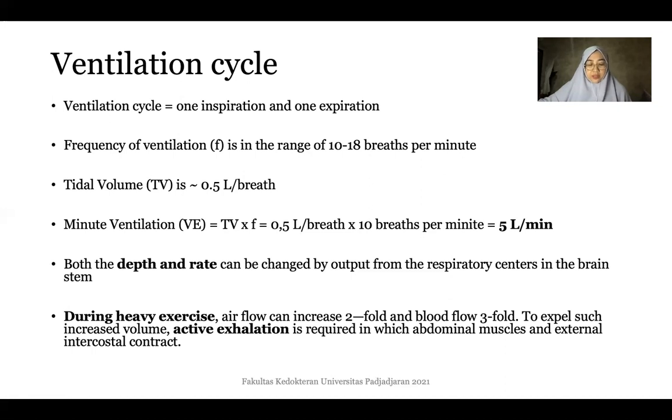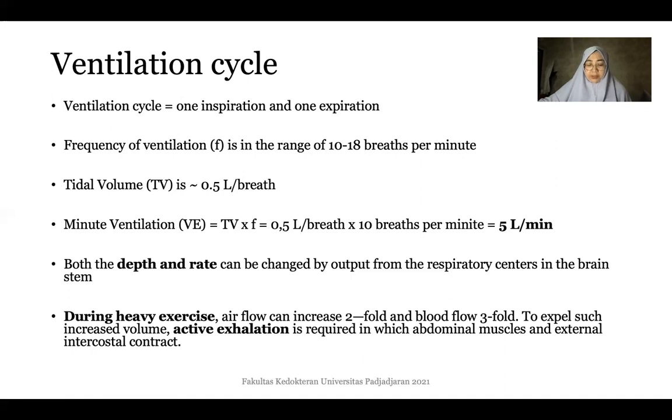So using the tidal volume and multiplying it by the frequency of the breathing, we can determine something we call the minute ventilation. This means how much air you are bringing into your respiratory system each minute. So if you're breathing half a liter, 10 times a minute, that's about 5 liters a minute.